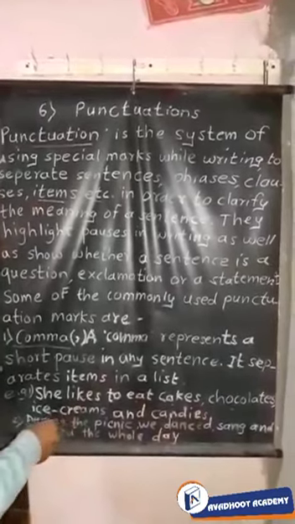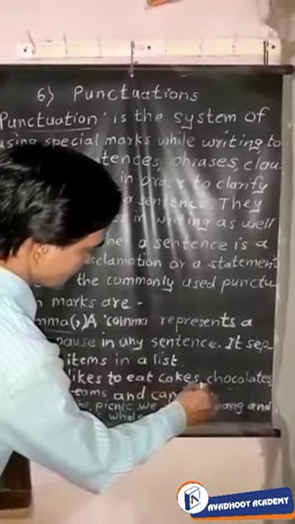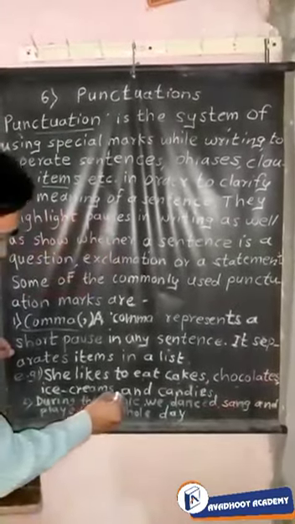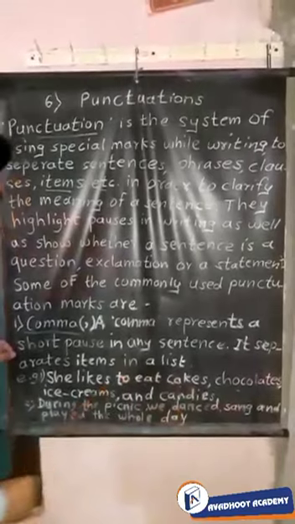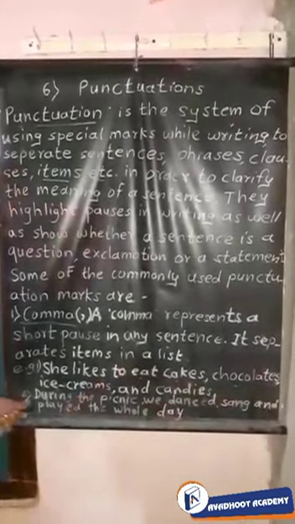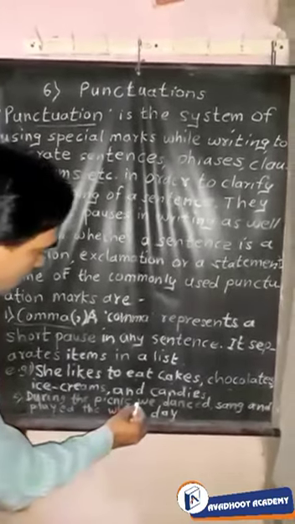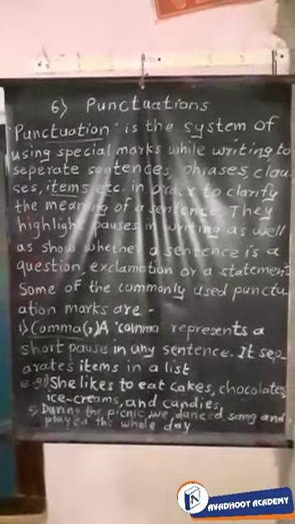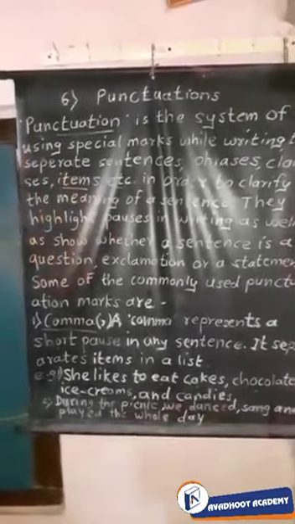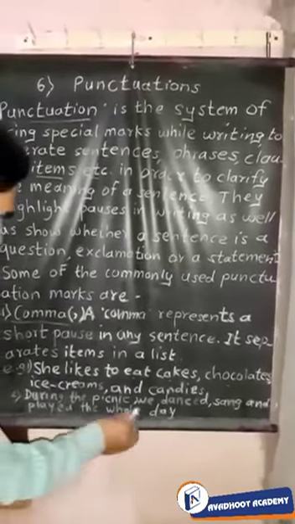We show this by using commas: first cakes, comma, after that chocolates, comma, after that ice creams and candies. Now the second example: During the picnic, here we take a small pause. During the picnic, we danced, here a second pause, sang and played the whole day.